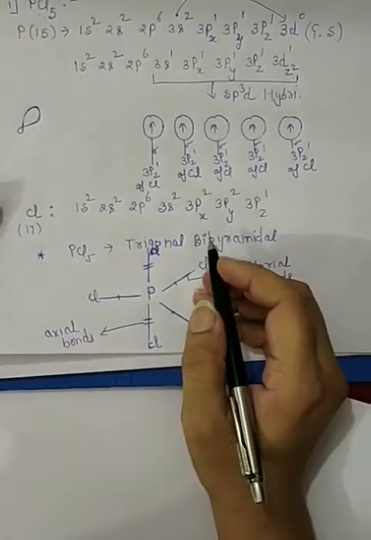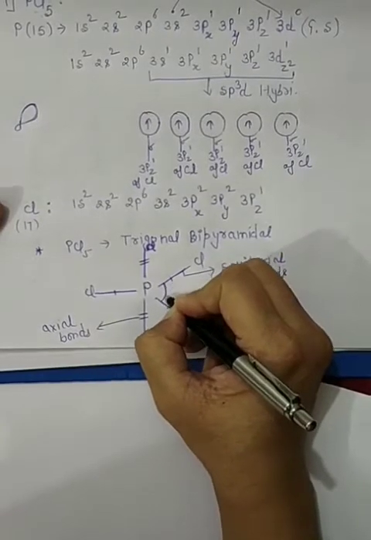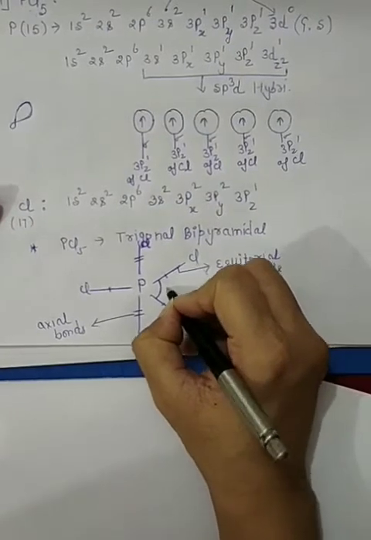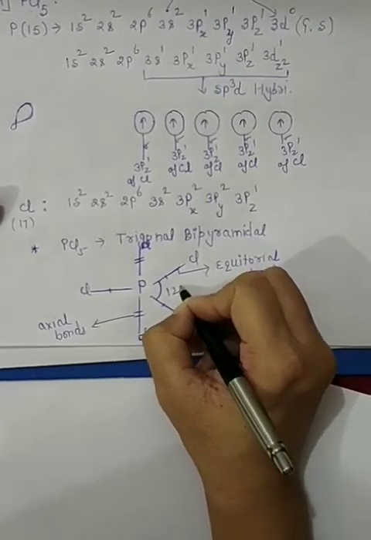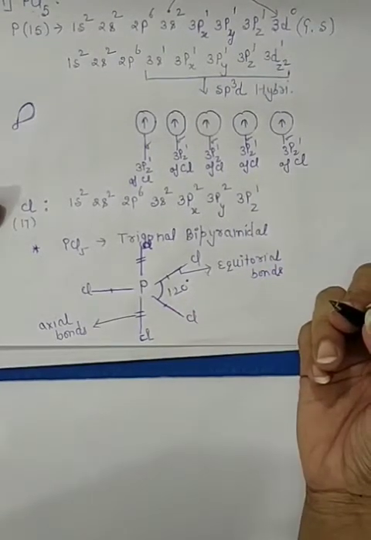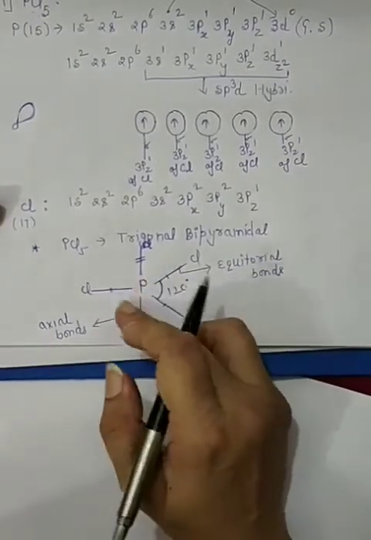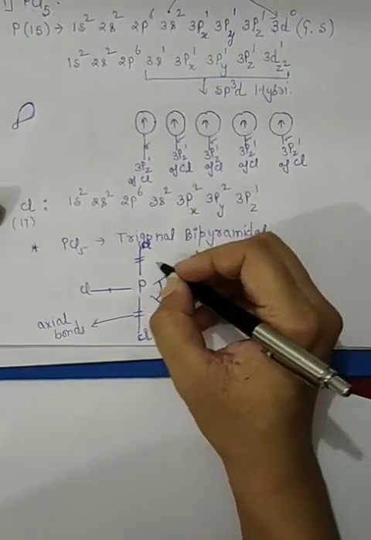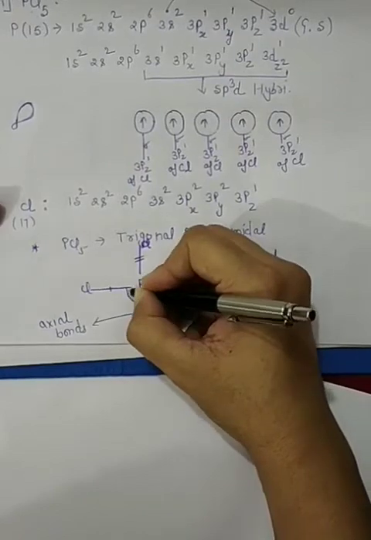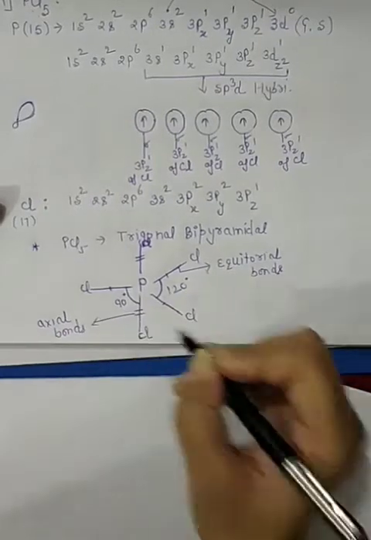Now if we discuss the angles, the angle between 2 equatorial bonds is 120 degree, and the angle between an equatorial and an axial bond is 90 degree.